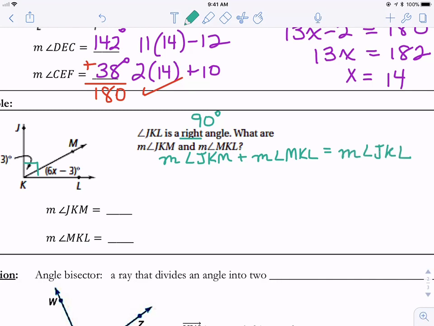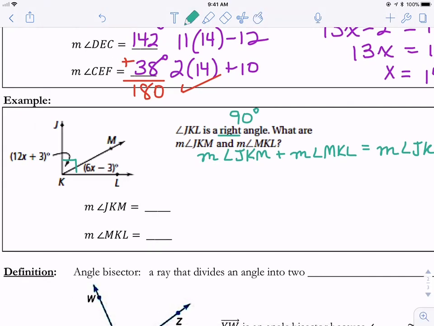Now again, notice that we're putting the measure in front because we have an equal sign and a plus, and that's what you use with numbers. So we're actually adding numbers together. Okay, so substituting in, we have 12x plus 3 plus 6x minus 3 is equal to 90. So 18x, and our 3 and negative 3 drop out, equals 90, and it gives us x equals 5.